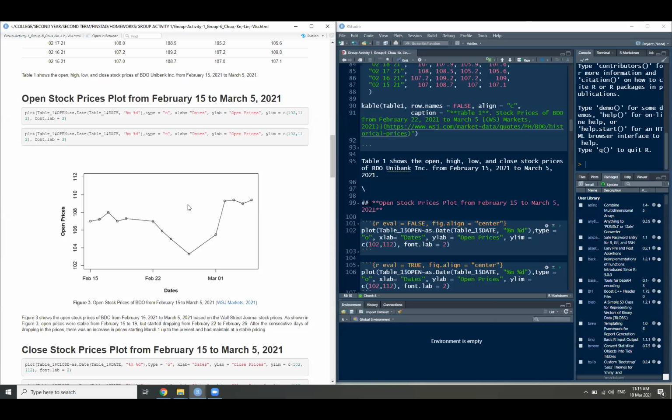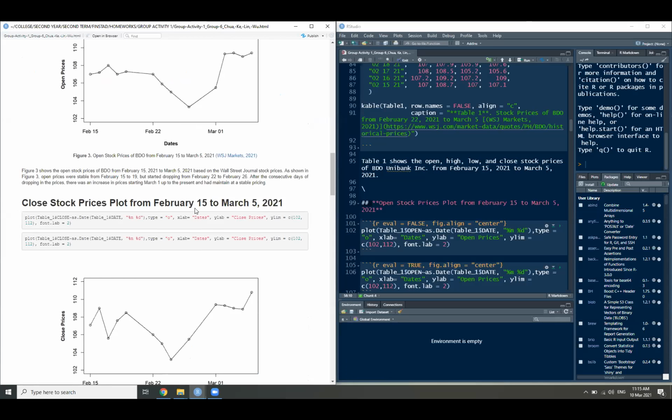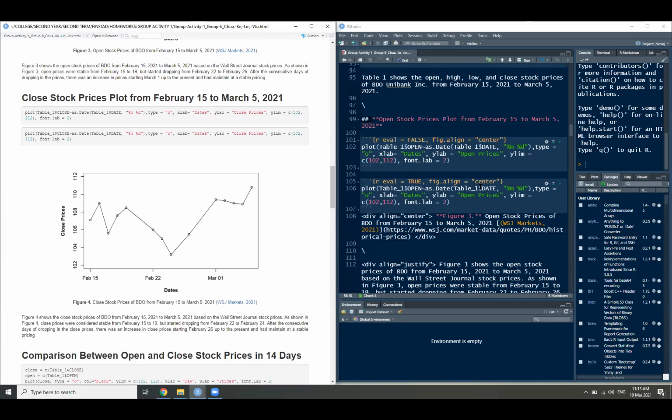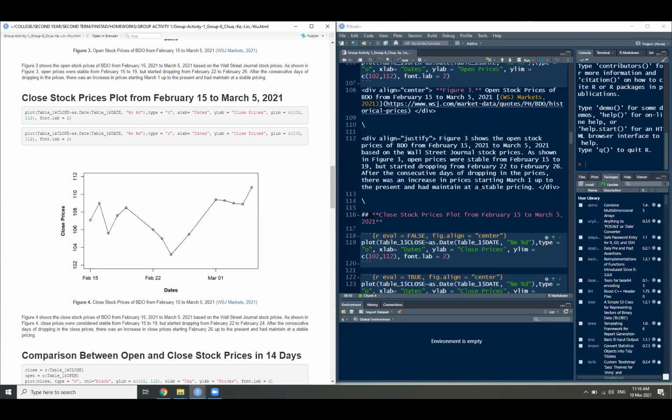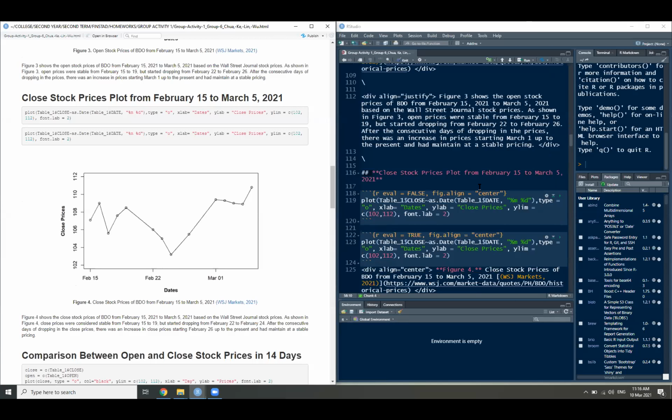Kaya yung sa HTML, isa lang lumalabas kasi the other one is false. So next, scroll down. Same lang yung ginamit namin for the closing prices, except yung table 1, $close, yung ginamit namin is the closing prices, but same lang yung lahat.